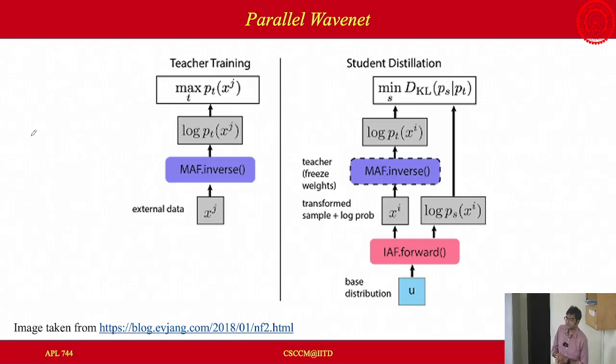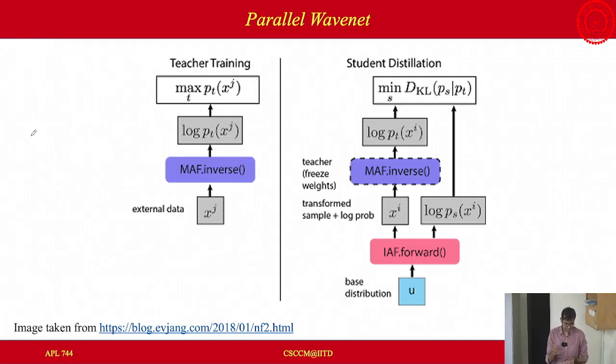So here what you do is, what is easy to train out of the MAF and IAF? MAF. So teacher will become MAF. So you train the teacher with MAF, and then the student is trained with KL divergence between MAF and IAF.